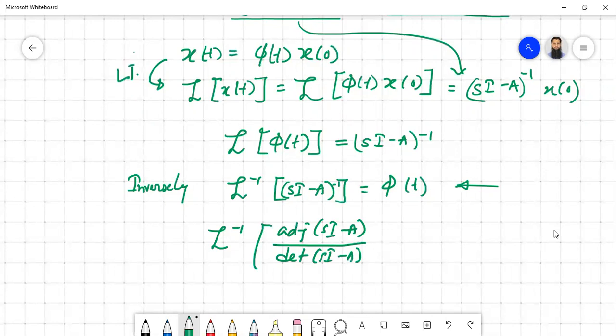So what we are trying to say is that the determinant is present in each element of your phi.